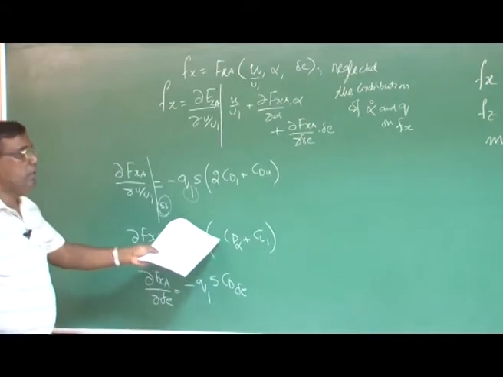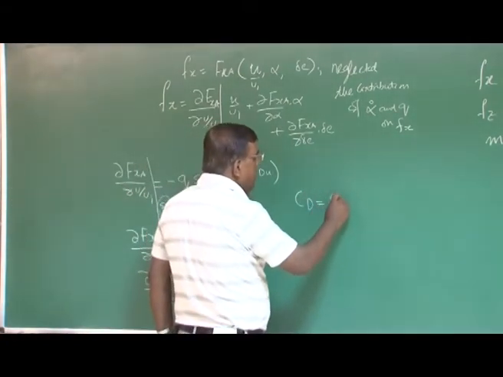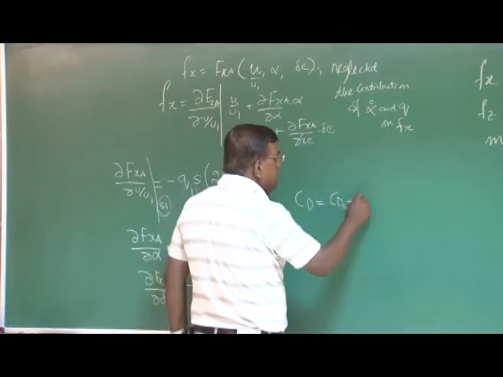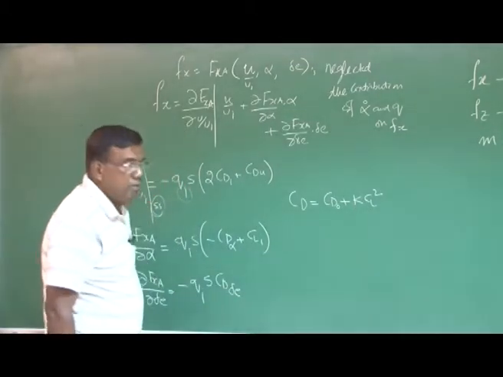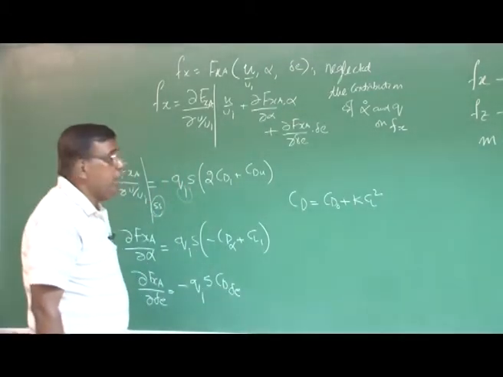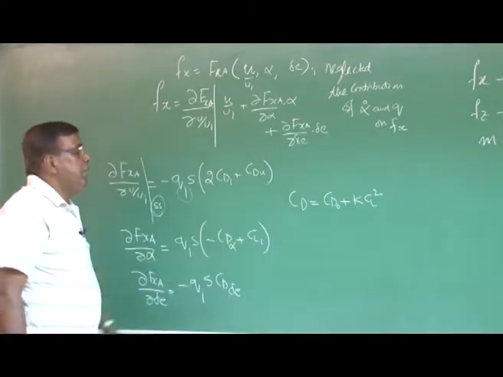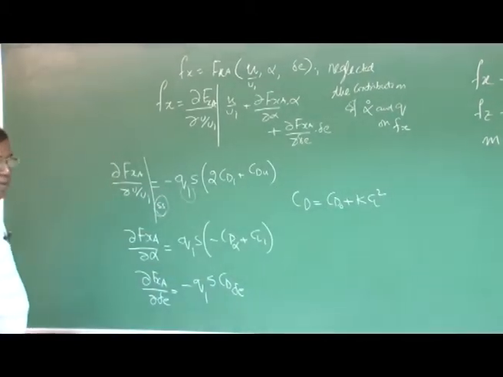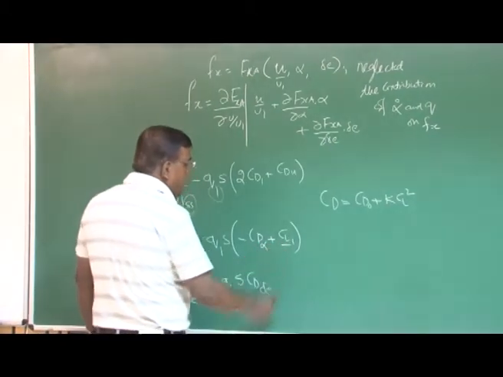CD alpha, you know what it is. When I say CD, that's the drag polar I represent: CD naught plus K CL square. So I can easily find dCD by d alpha for small angle, but we will assume that CD naught doesn't depend upon alpha. I can take a derivative, and we have shown the approximate expression for CD alpha. And also you know what CL1 is.